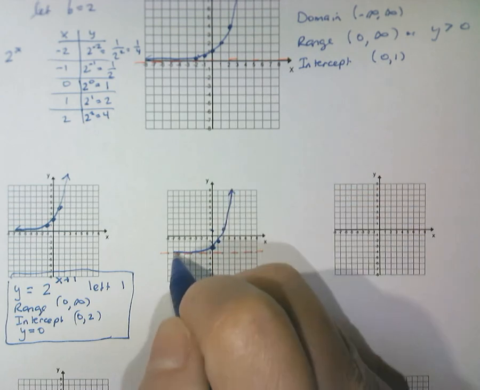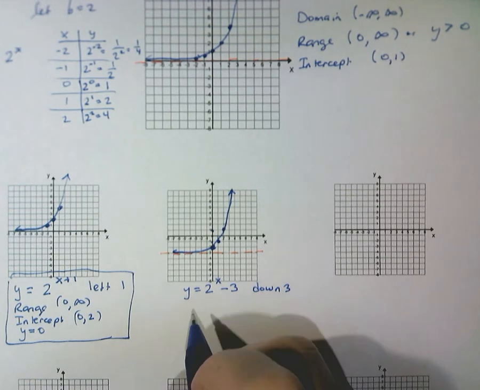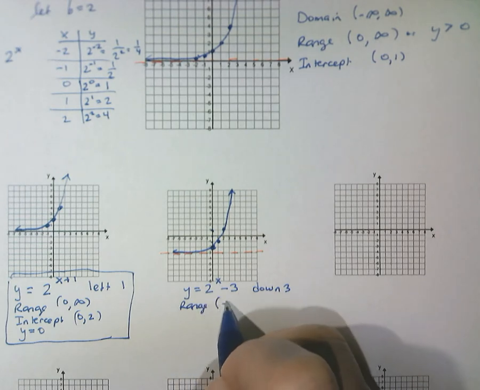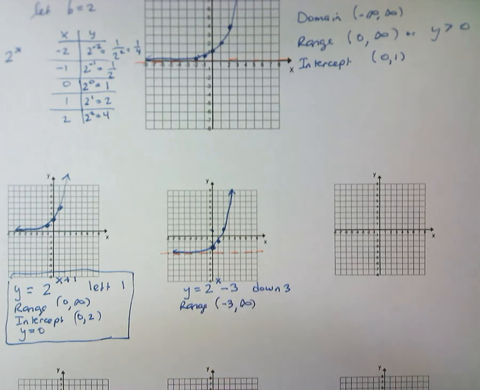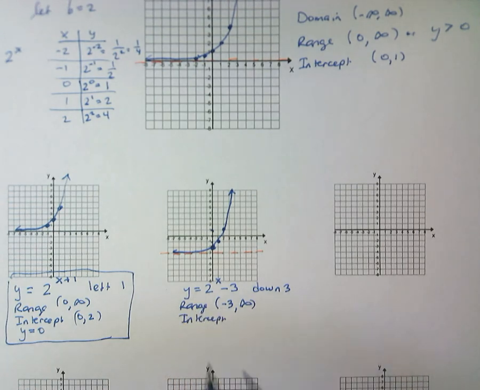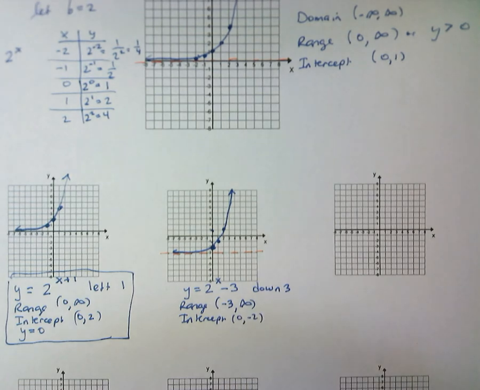And when you're graphing these, I do want to see the actual points. So now my range has changed. My range is going to go from negative 3 to infinity. I have a y-intercept that has moved down to 0, negative 2. And now I have an x-intercept.